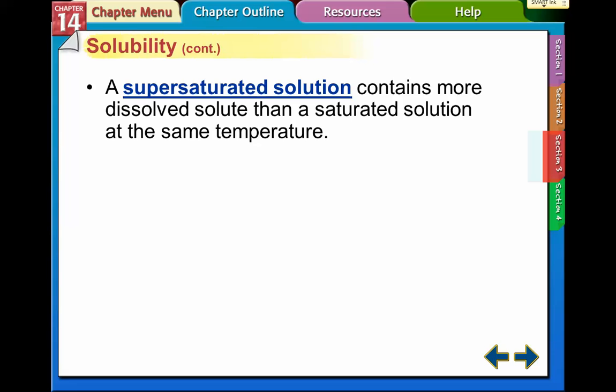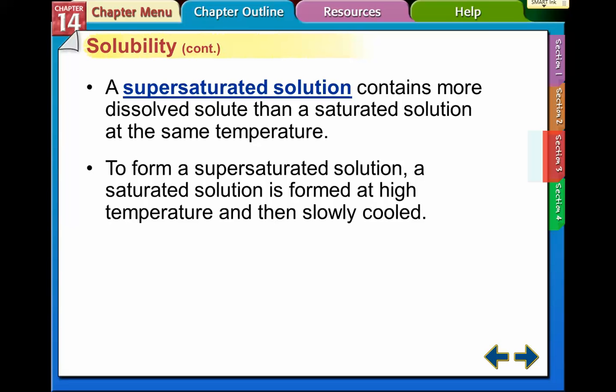A supersaturated solution contains more dissolved solute than a saturated solution at the same temperature. So to get that, you have to heat up a saturated solution so that the liquid has a good saturated amount of solute in it, and then slowly cool it.